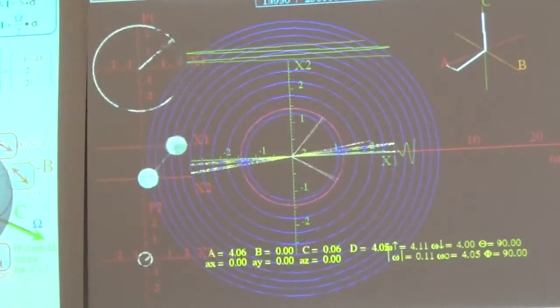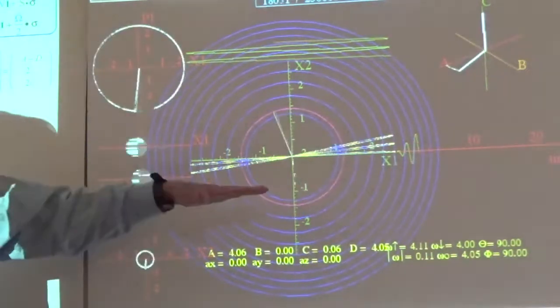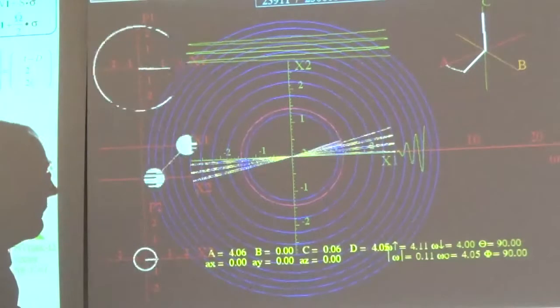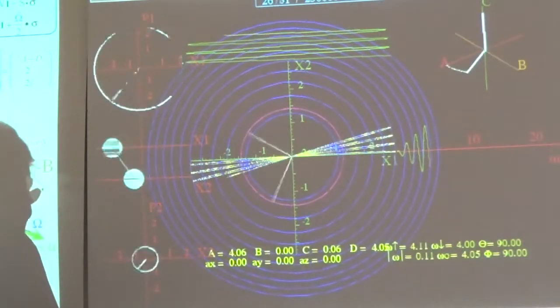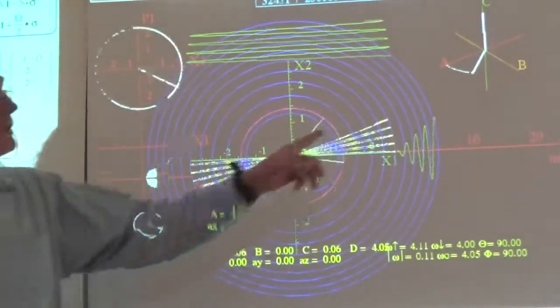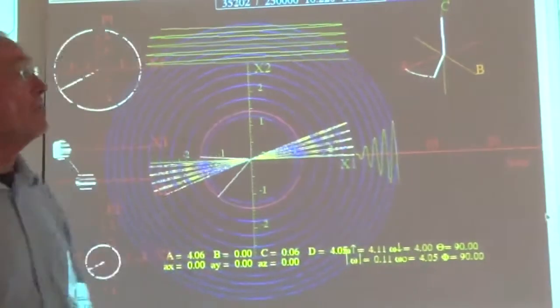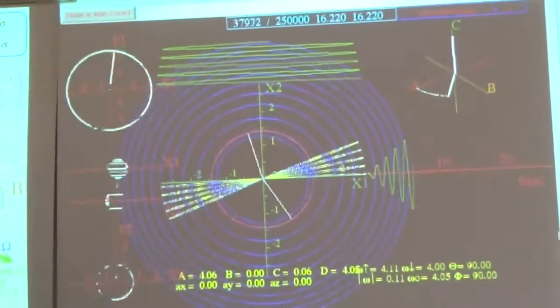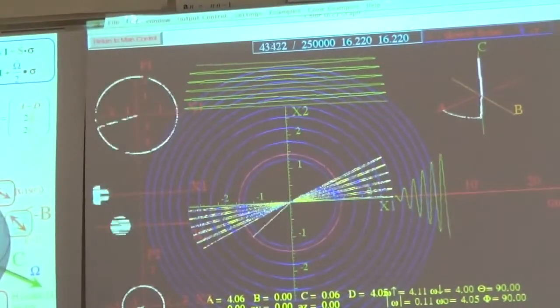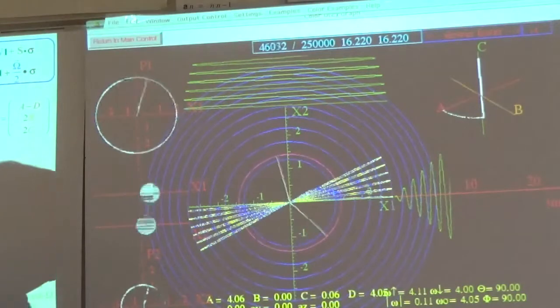I don't know if you can see what's happened there, but my X polarization is rotating and staying pretty much linear polarization, which is what you'd expect. Our little spin vector is now moved away from the A axis, and it's headed toward the B axis.